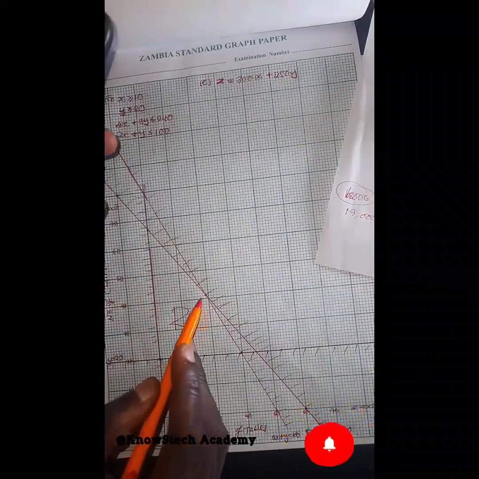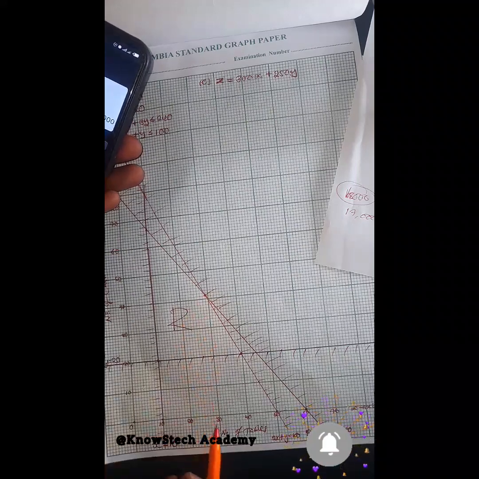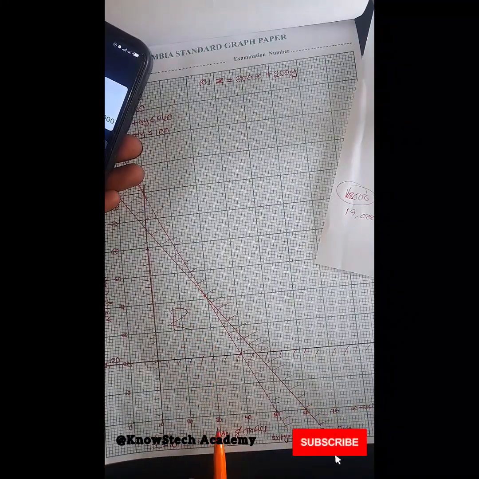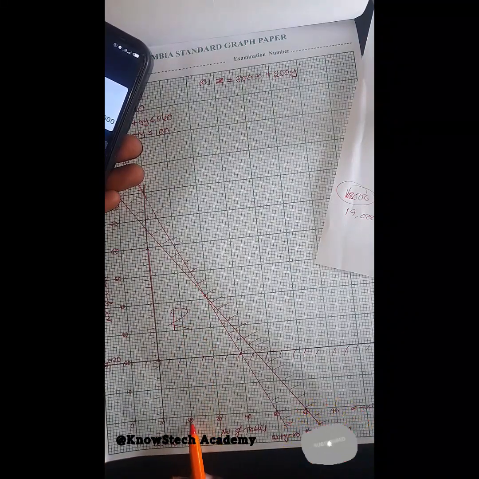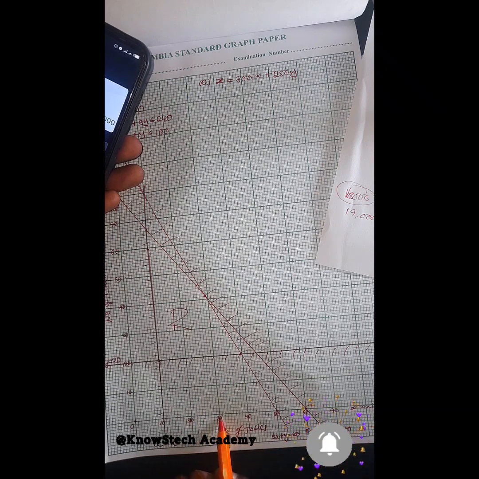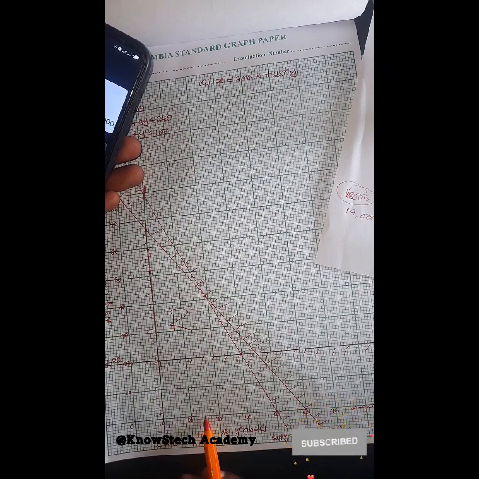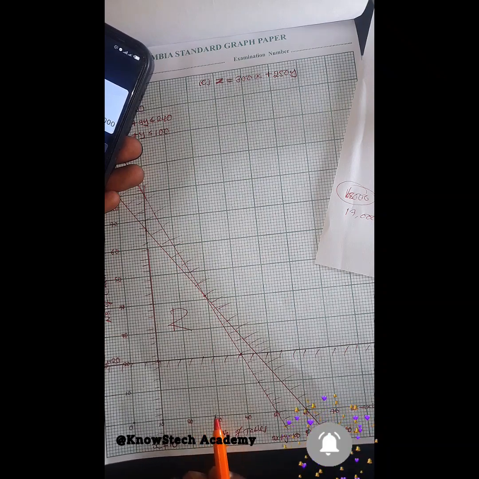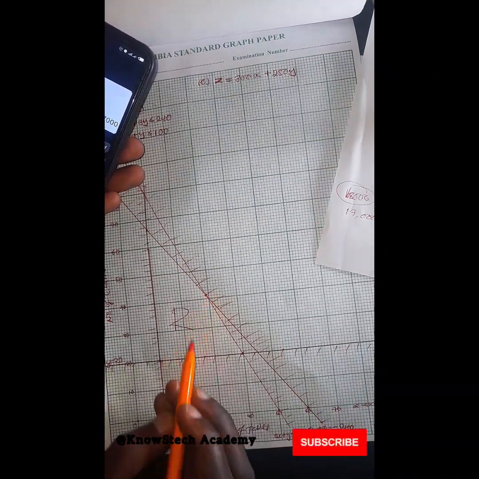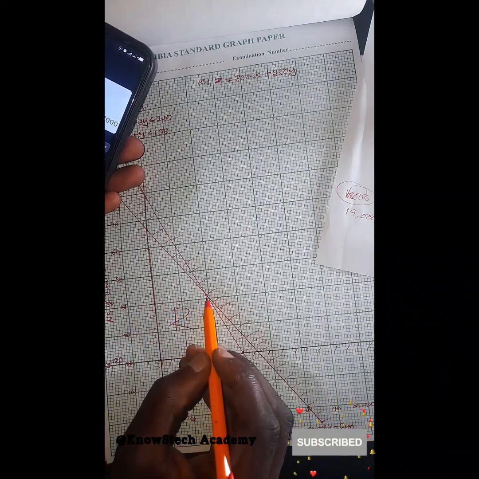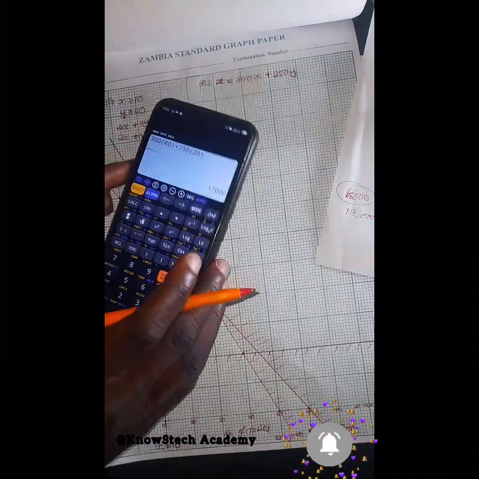Let's use this next one. Since this is 20 and this is 30, each box here is 1. So 20, 21, 22, 23, 24, 25, 26, 27, 28, 29, 30. So this is 29, and this is 40, 41, so 29, 41.